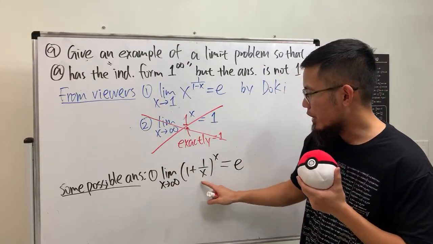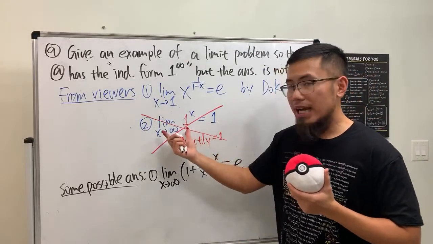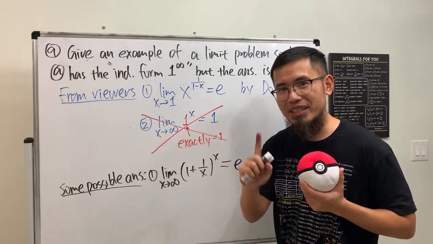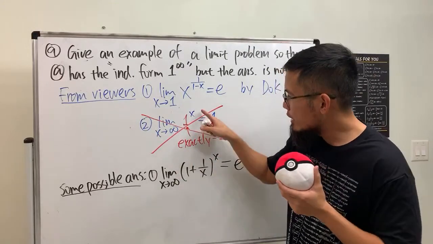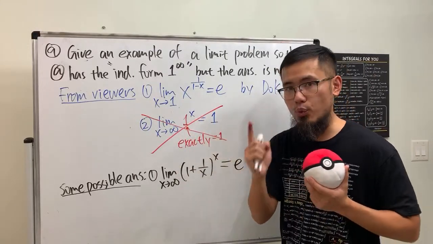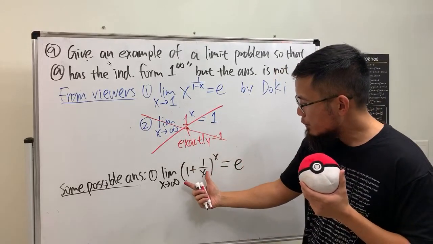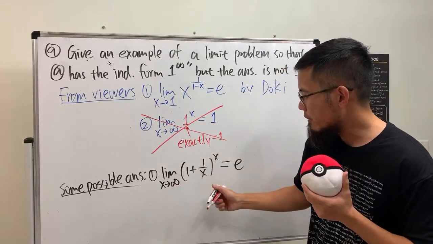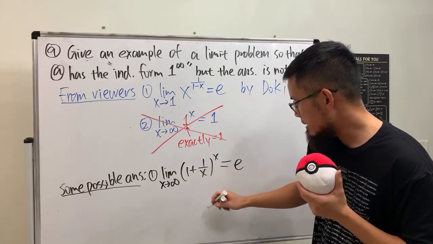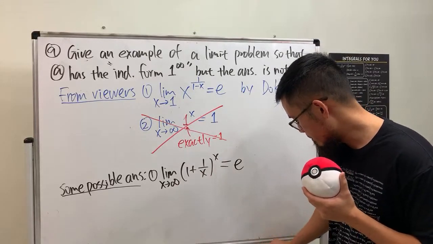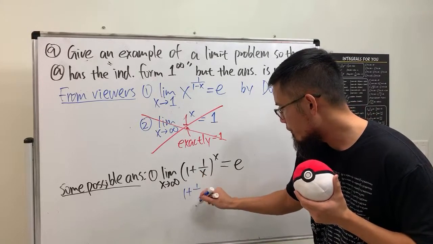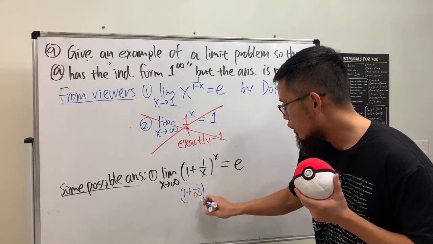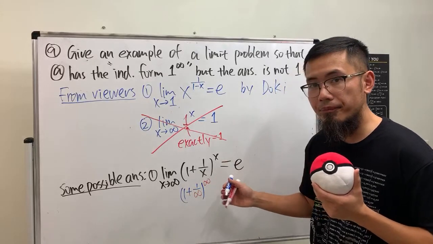It's good that we were talking about the earlier question, because there the base was exactly equal to 1, raised to the x power, so it was just equal to 1, all right? But if you put infinity here, we get 1 plus 1 over infinity, and then raised to the infinity's power, right?